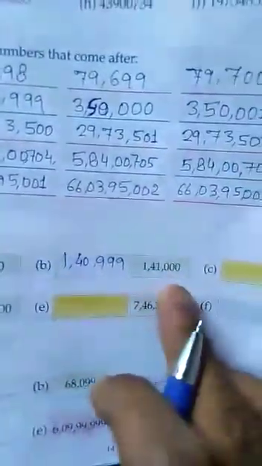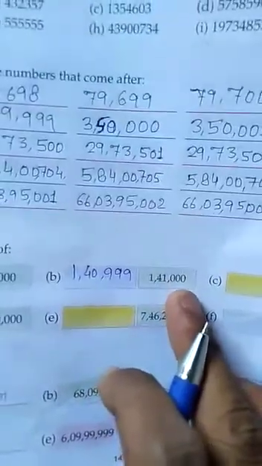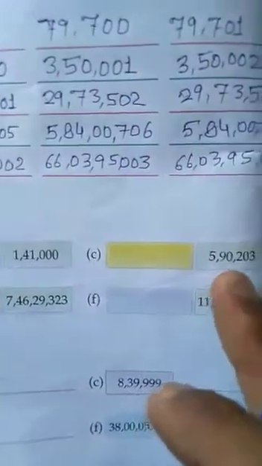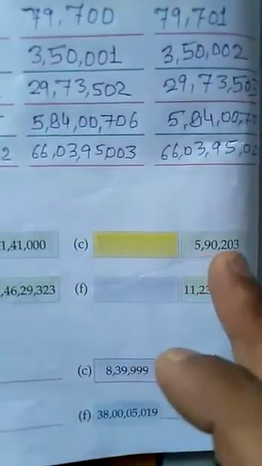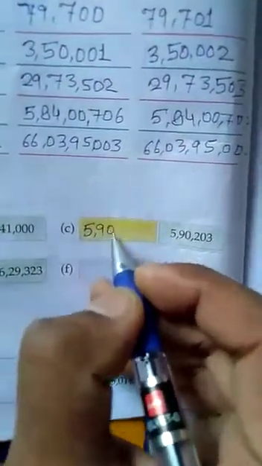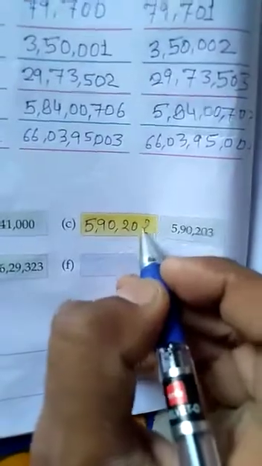So this is the predecessor of 1,41,000. Now we will do question number C. The question number C is 5,90,203. So the predecessor of this number is 5,90,202.